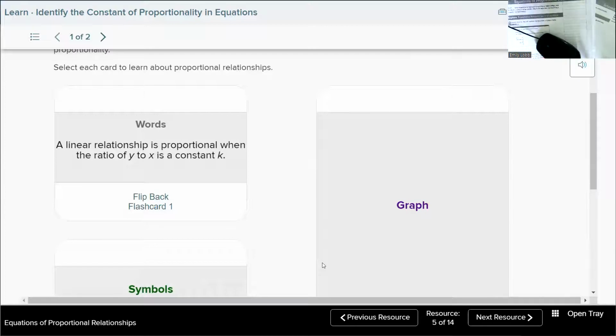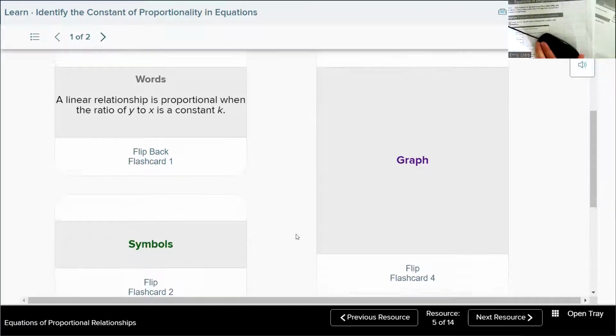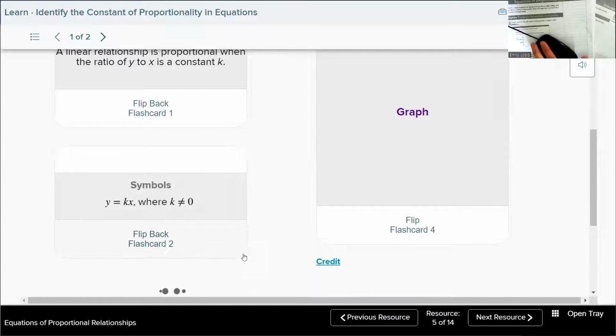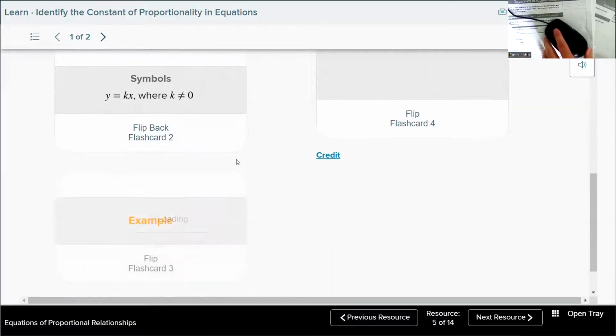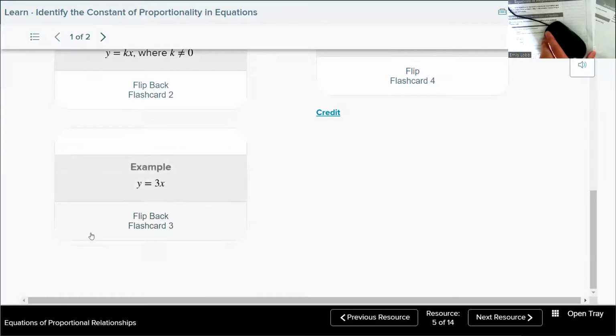A linear relationship is proportional when the ratio of y to x is a constant k. That's written there for you. You don't have to write anything there. With symbols, y equals kx, where k does not equal 0. That's also written there for you. Here is your example. Y equals 3x. What is the constant of proportionality?